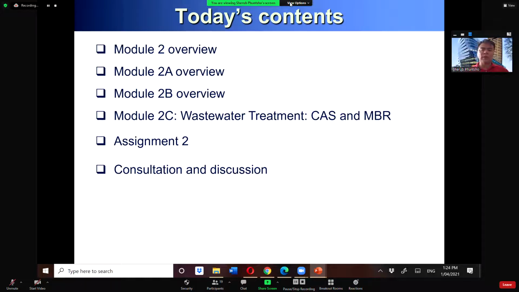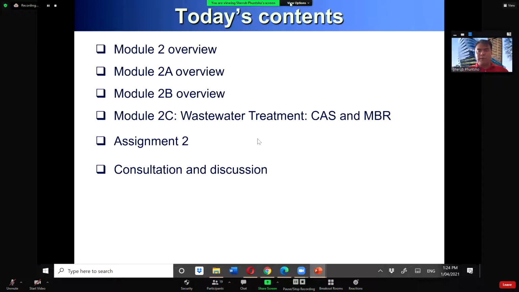That's why I will be covering more of module 2C today, so that's wastewater treatment, and in particular the conventional activated sludge process and the membrane bioreactor. Then we will talk about assignment 2, and then have a consultation and discussion.